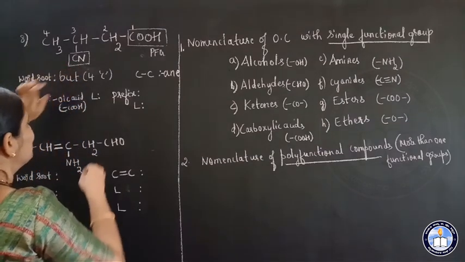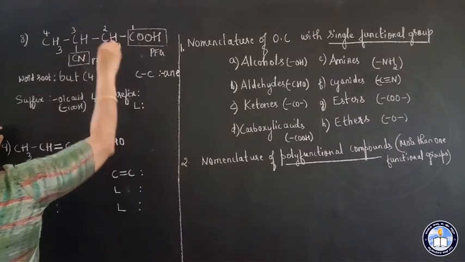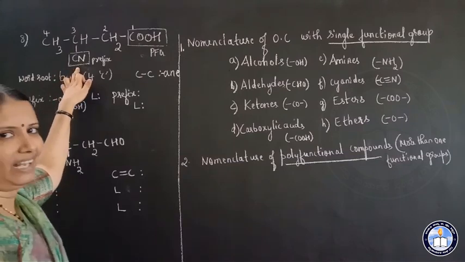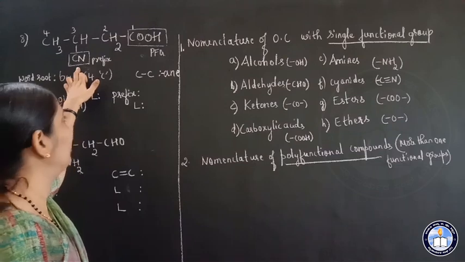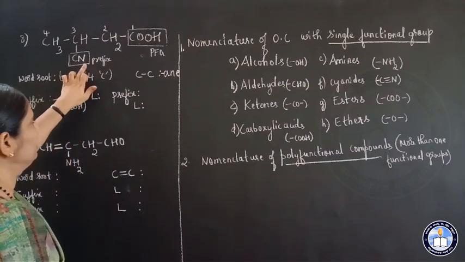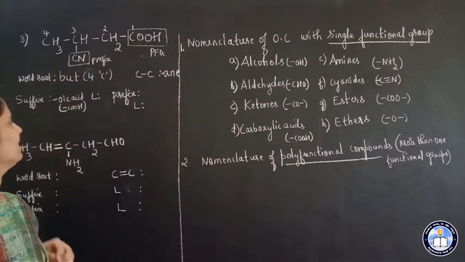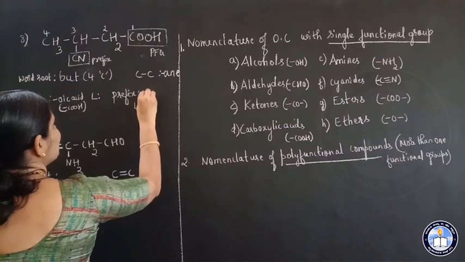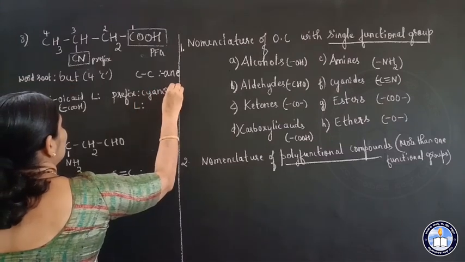Then CN. This will be named as prefix. Isn't it? CN suffix is nitrile. Methane nitrile, ethane nitrile. So here, since COOH group is there, the CN will be named as prefix. So prefix is cyano, CN group.